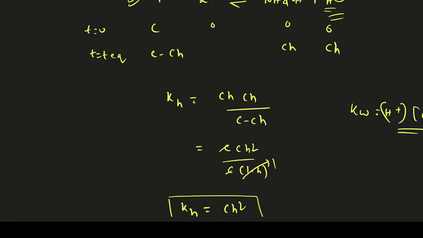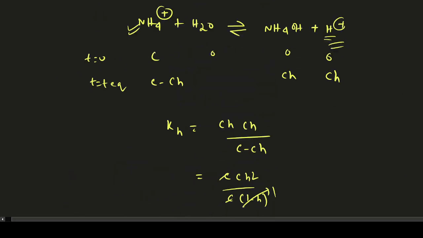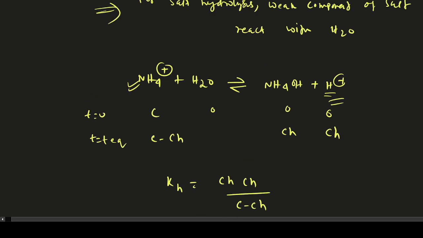So we will take either from here or from here. We will not take from these acids because we are talking about hydrolysis. Here we are talking about h, not alpha. So the H plus concentration is already present here.